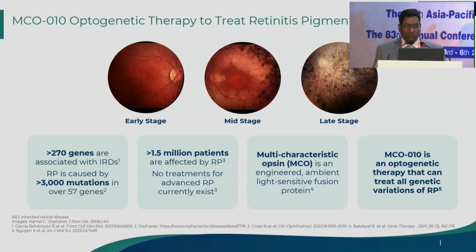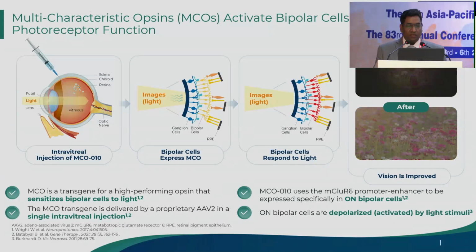So, the answer is a multi-characteristic opsin, a bioengineered ambient light sensitive protein, and it can target each and every gene. It is injected through an intravitreal injection, and the target is bipolar cells, which are converted to photoreceptors.